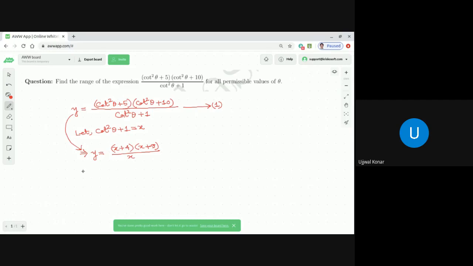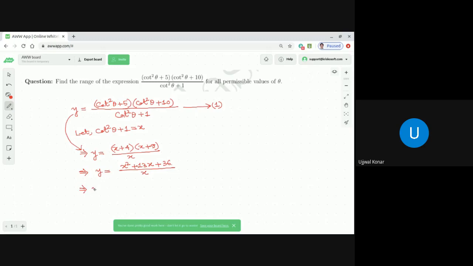And this implies y is equal to x square plus 13 into x plus 36, divided by x.